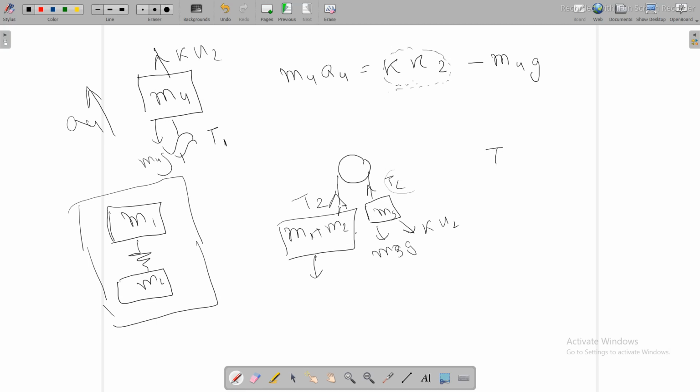Therefore, t2 is equal to m1 plus m2 into g.